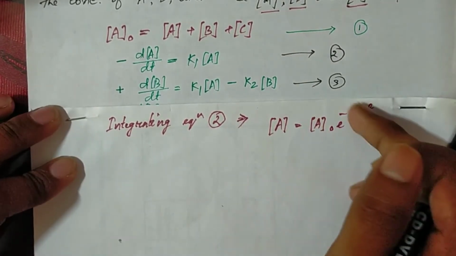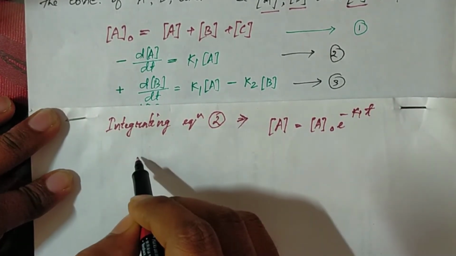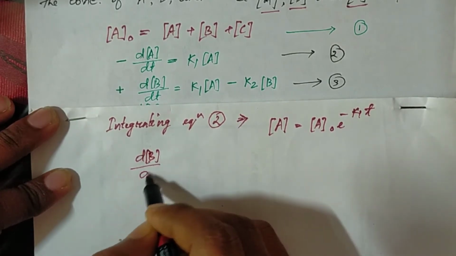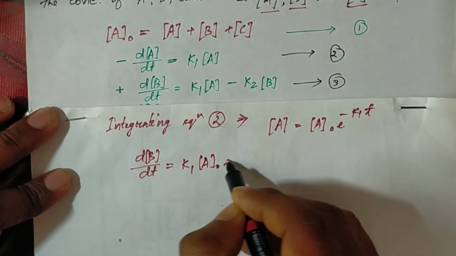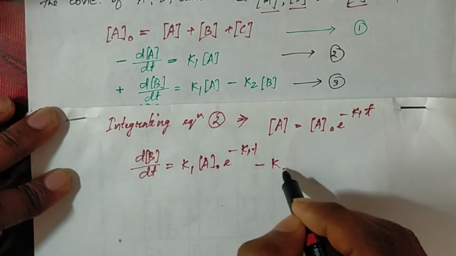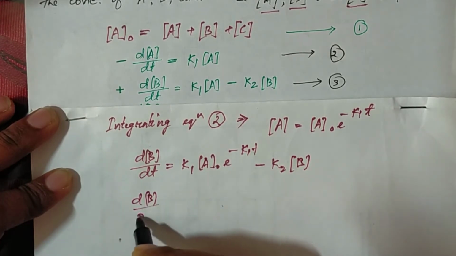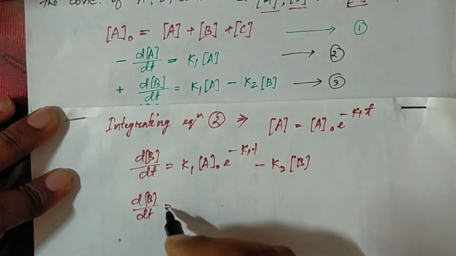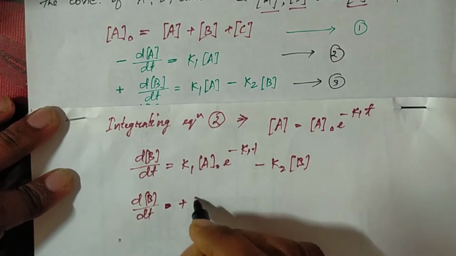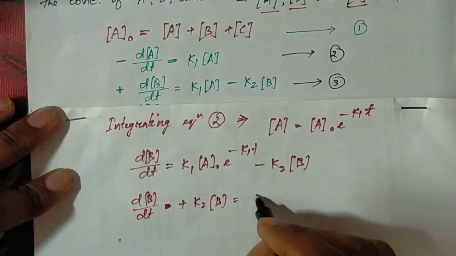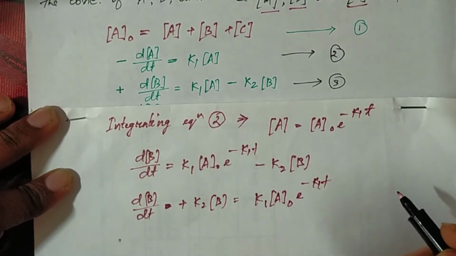In this equation I will substitute this value of A. So dB/dt is equal to k1 A naught e to the power minus k1 t minus k2 B. So dB/dt plus k2 B, I will bring this k2 B here, is equal to k1 A naught e to the power minus k1 t.